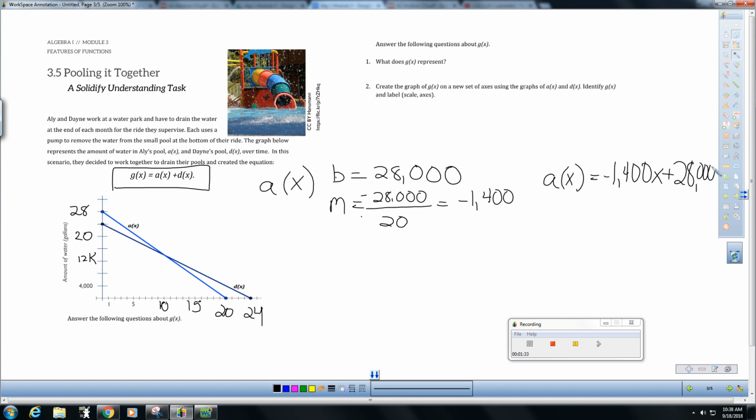Now let's look at d of x. Again, it's easy to figure out the b for d of x. It looks like 24,000. So to find the m, we have to figure out how many gallons per minute. It took 24 minutes for this 24,000 gallons to drain.